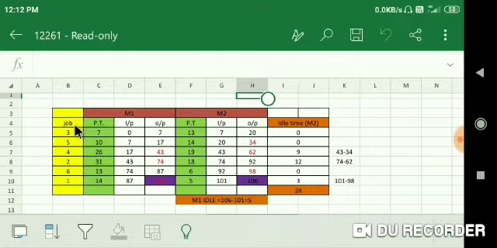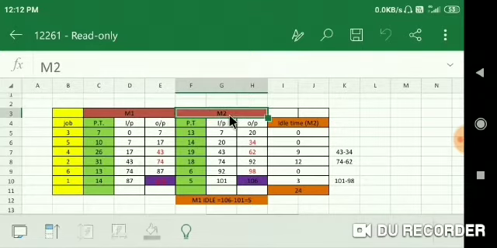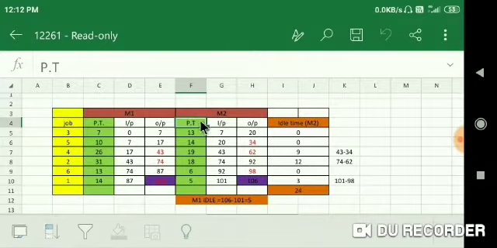Here the jobs are 3, 5, 4, 2, 6 and 1. The processing times for machine M1 are 7, 10, 26, 31, 13 and 14. Similarly, for machine 2 we have 13, 14, 19, 18, 6 and 5.